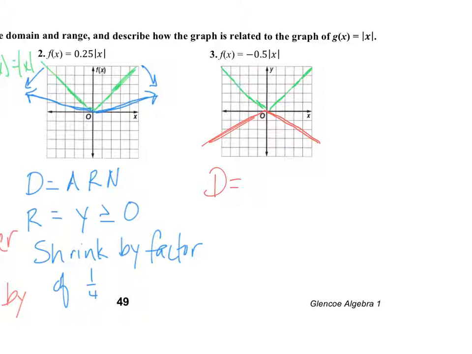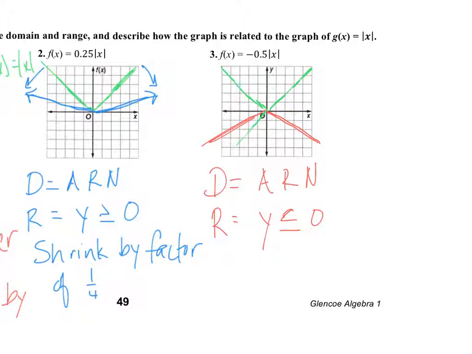So domain is still pretty boring, all real numbers. Right? Range, now I want y values that are less than or equal to 0. And we did two things to go from the green.